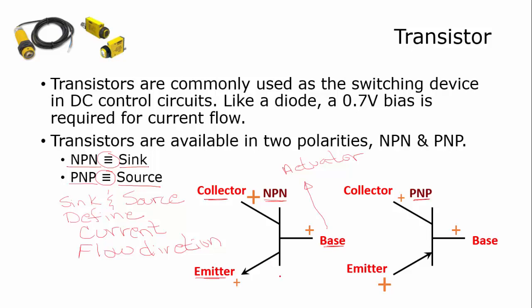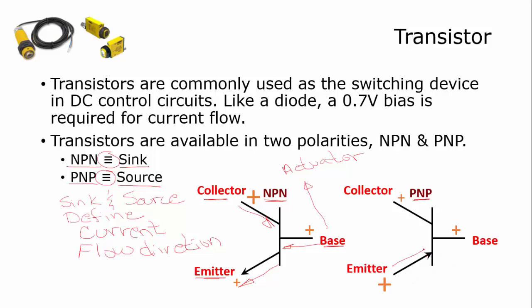So when you look at the current flow, the arrows here on the emitter point in the direction of current flow. So I've got current flowing out of the emitter, I've got it flowing into the collector, and it's flowing into the base. This requires 0.7 volts. On the PNP, notice the arrow on the emitter.